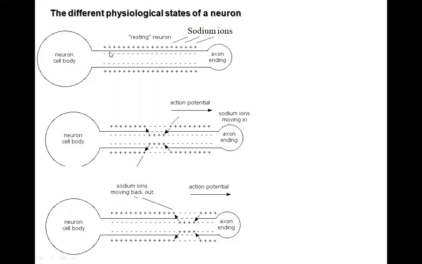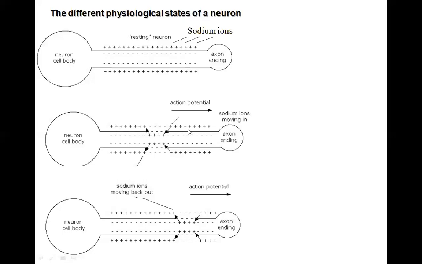The reason the axon can remain polarized in the resting state is that the membrane is not porous. There are little gates, pores on the membrane. In the resting state, those pores or gates are closed to positive ions. So the positive ions have to stay outside. They can't get in.